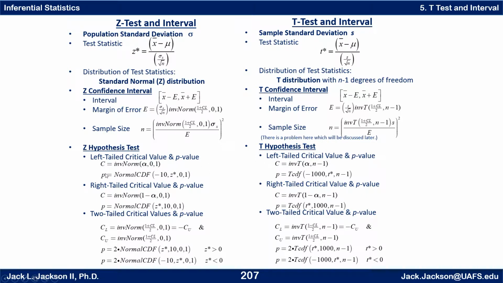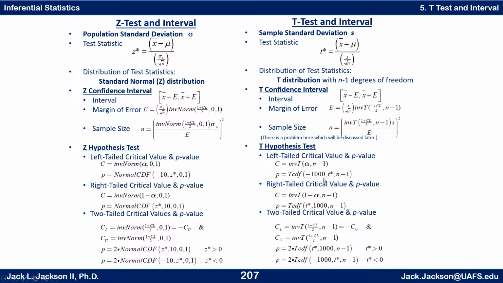The p-value here is found from a normal CDF. We go from essentially negative infinity, which we'll use negative 10 on our calculator, up to our test statistic, z star. We have to tell it it's a standard normal, so we give it a mean 0, standard deviation 1. Remember, on the t, we don't give it a mean and a standard deviation. The mean is always 0. Instead of a standard deviation, we give it n minus 1, which is our degrees of freedom.